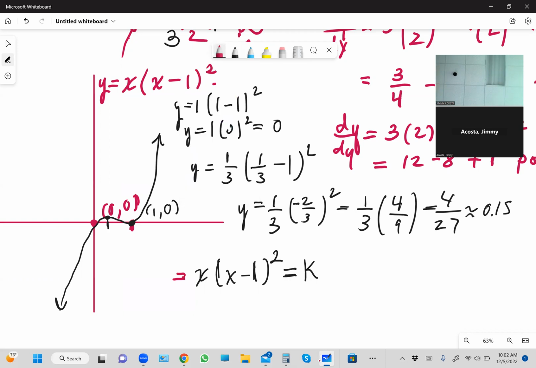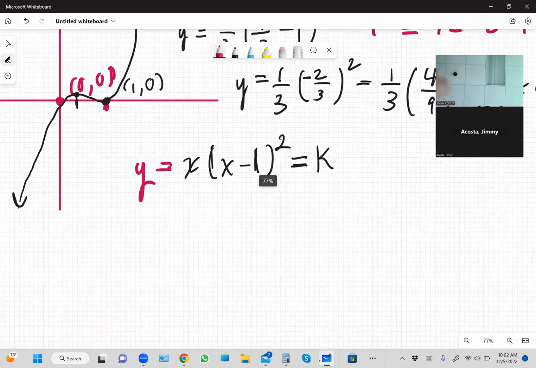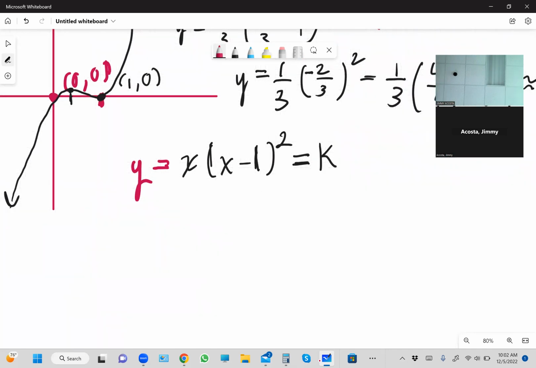Hopefully you can see it, and hopefully I don't run out of battery. I'm going to write it this way. See if you understand what I did.